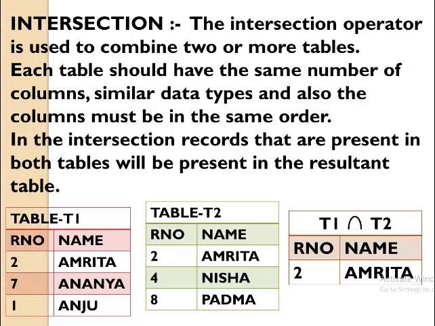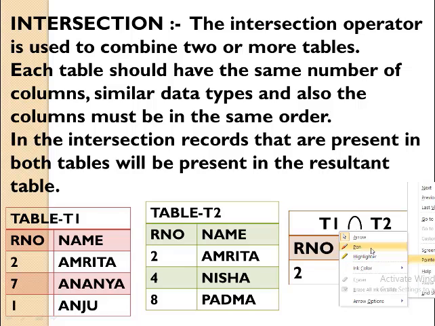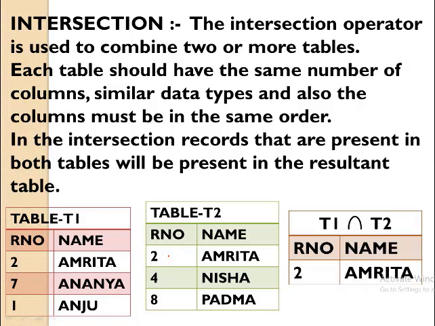Like in table T1 and table T2, T1 intersection T2. Now here the record roll number 2 Amrita is in table 1 and roll number 2 Amrita is in table 2 also. So only this record in T1 intersection T2, this is the expression, only roll number 2 will be displayed.